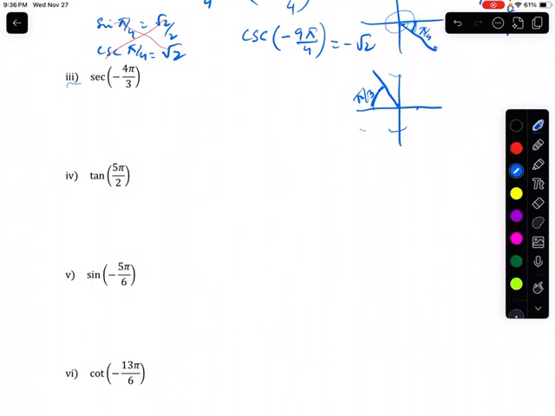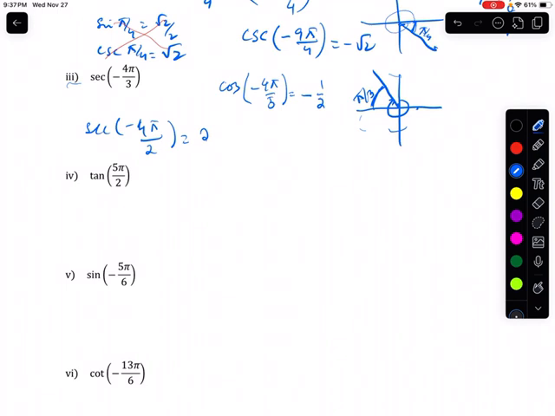This is going to be our angle, because our angle is from here to here, which is negative 4 pi over 3. For secant, we need to find cosine. Cosine of negative 4 pi over 3 will be the same value as cosine of pi over 3, but with a negative sign. So this will be negative 1/2. So secant of negative 4 pi over 3 is negative 2.